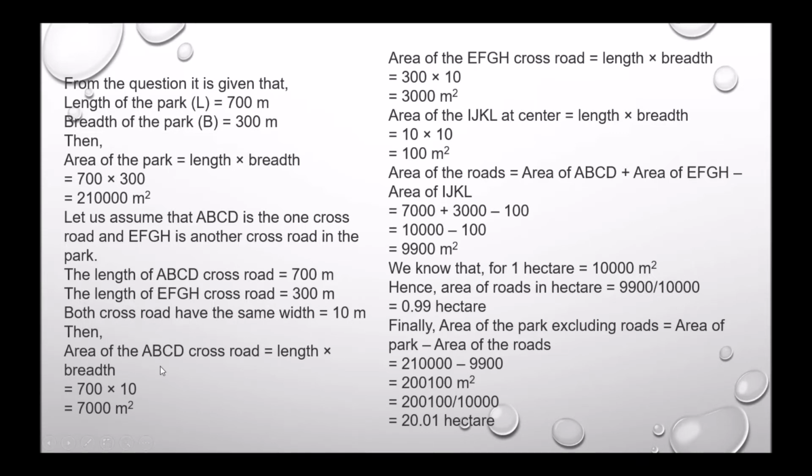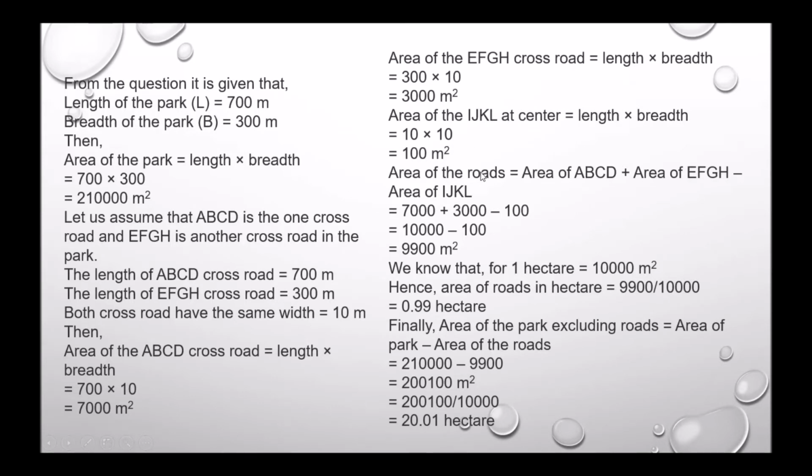Hence the area equals length into breadth, that is 700 into 10, that is 7,000 meters square. Next, area of EFGH road equals length into breadth, that is 300 into 10, that is 3,000 meters square. Area of IJKL at center equals length into breadth, that is 10 into 10, that is 100 meters square.